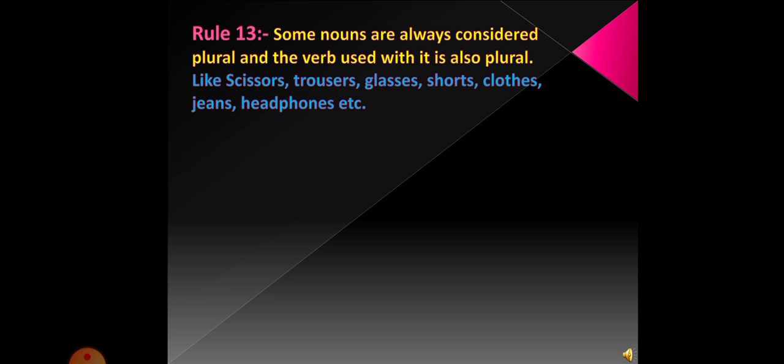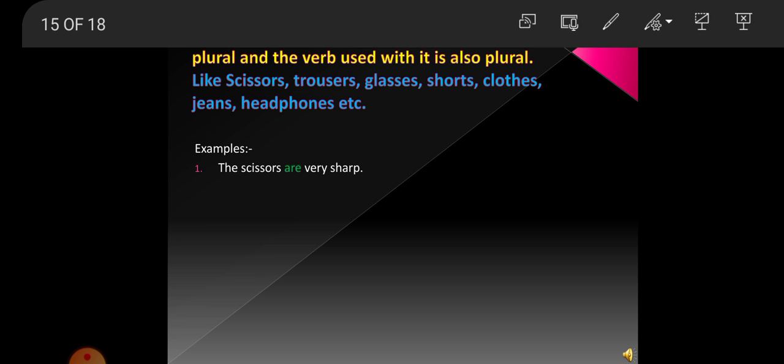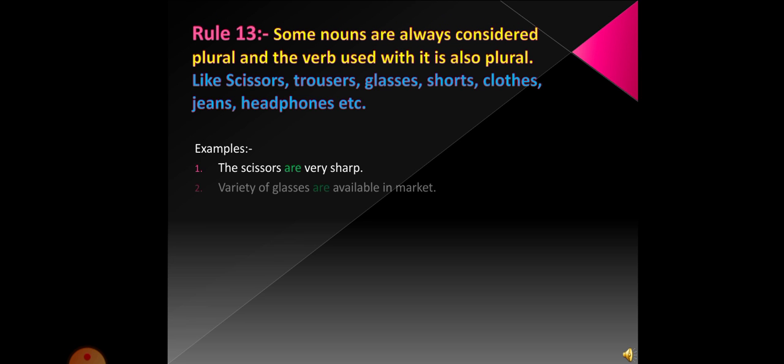So we always use a plural verb with these. Like the scissors are very sharp. Variety of glasses are available in market. Goggles are like large glasses.